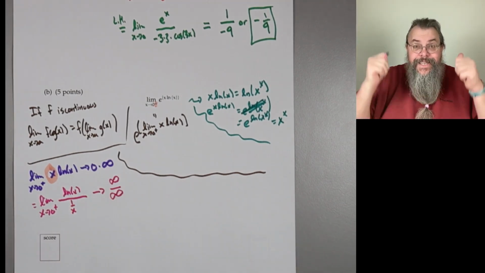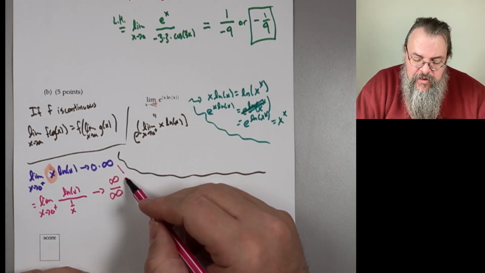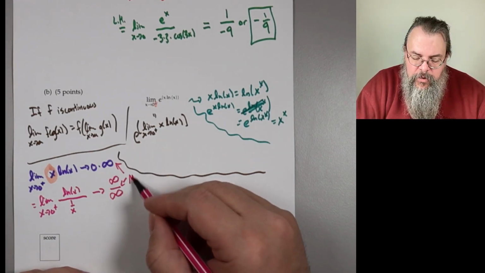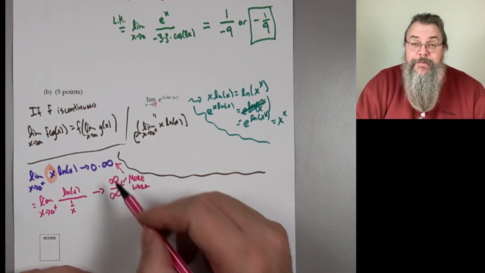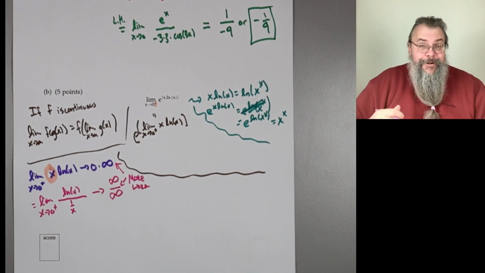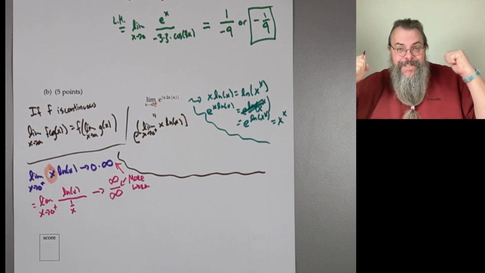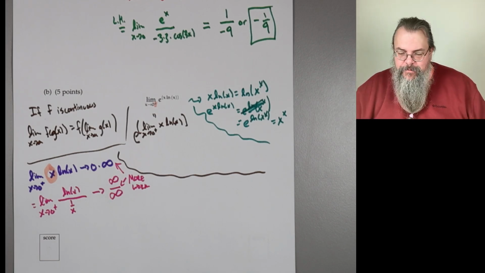And we're like, yeah, this is our more work that we like. So both of these are signs of more work. But we can't do l'hôpital of 0 times infinity. We can do l'hôpital of infinity over infinity. Oh, l'hôpital, yes! We're going to do this. Okay, so here we go, l'hôpital.